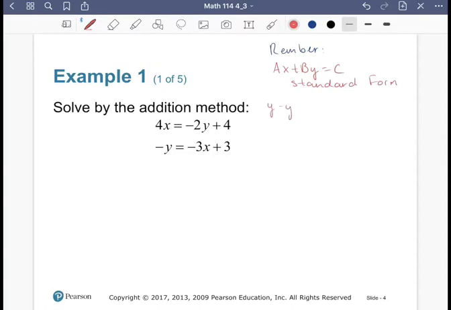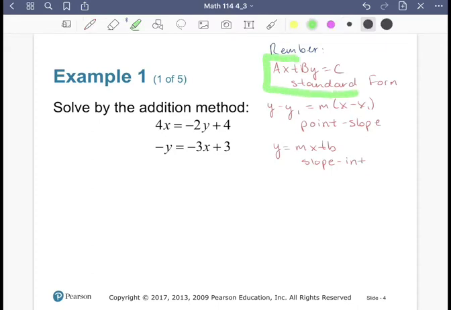The other one would be y minus y1 equals m times x minus x1, which is point-slope. And finally, the famous y equals mx plus b, which is slope-intercept. For this method to work, our equations must be in standard form.